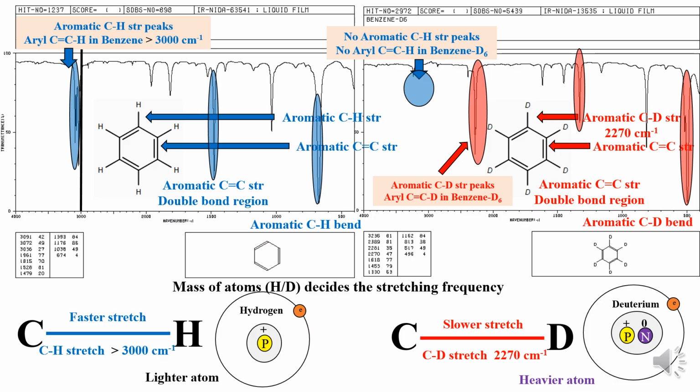Now again you find a shift in frequency towards lower wave number. So aromatic CH bend occurs at a higher wave number, while aromatic carbon deuterium bend occurs at a lower wave number at around 500 centimeter inverse. So this shift towards lower wave number in case of aromatic carbon deuterium bend is again due to isotope effect. So you find variation in the frequency and intensity of the peaks mainly due to isotope effect.